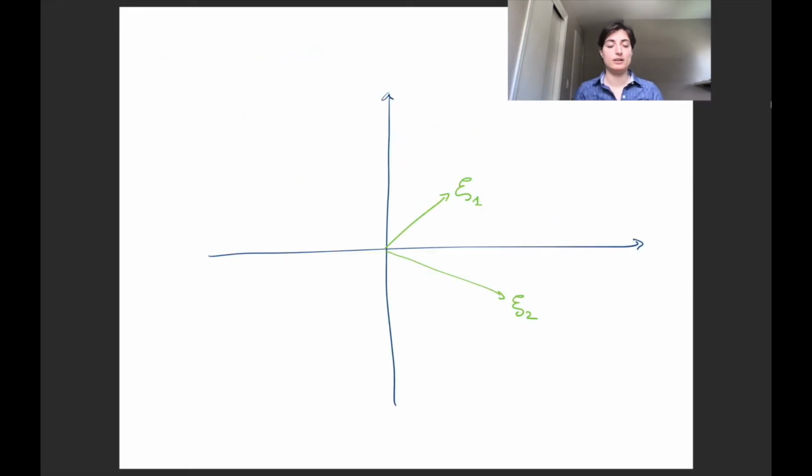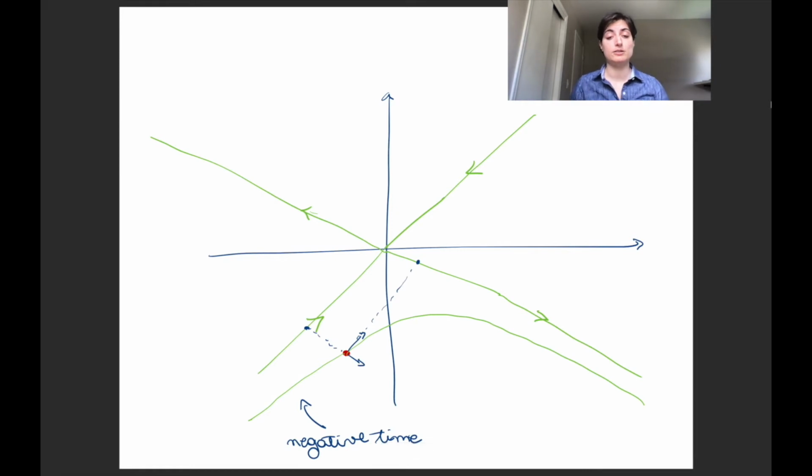So if we have again our two eigenvectors, xi1 and xi2, we know that any multiple of xi2 is still an eigenvector, so minus xi2 is also an eigenvector. The same is true for minus xi1.